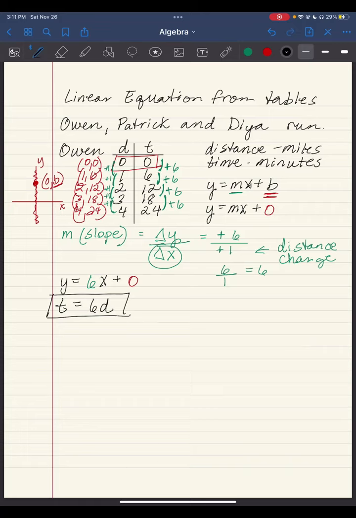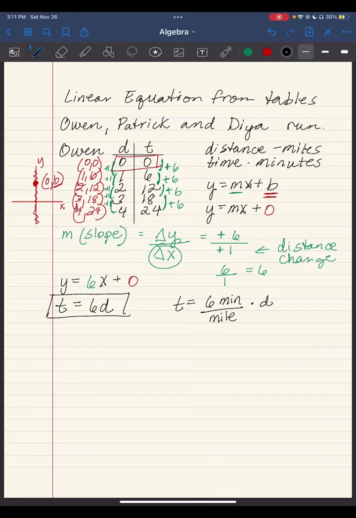So what does t equals 6d mean? It means for every mile that he runs, it's going to take him 6 minutes. So this is really t is equal to 6 minutes per mile, and then it ends up being times the number of miles, right?